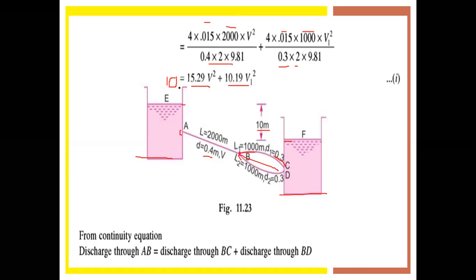Okay na? Now from the continuity equation, A1 V1 is equal to A2 V2, or discharge through AB. Since the discharge goes through AB, AB is equal to BC plus BD. That is the continuity equation. So from the figure you can say the continuity equation AB is equal to BC plus BD.